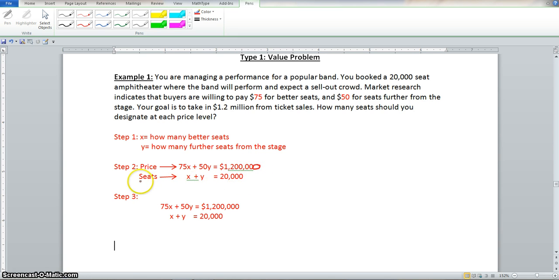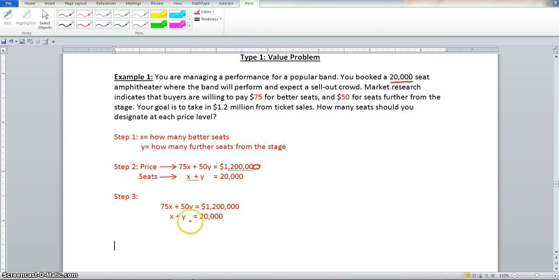Now for our seats, we know we only have 20,000 seats. So we'll take how many better seats we have plus the amount of further seats we have, and that should give us 20,000 seats.